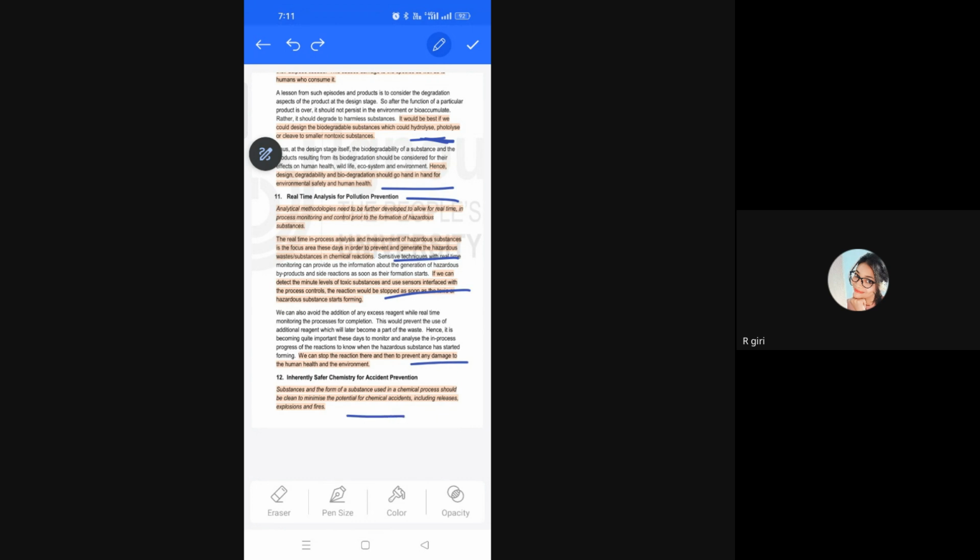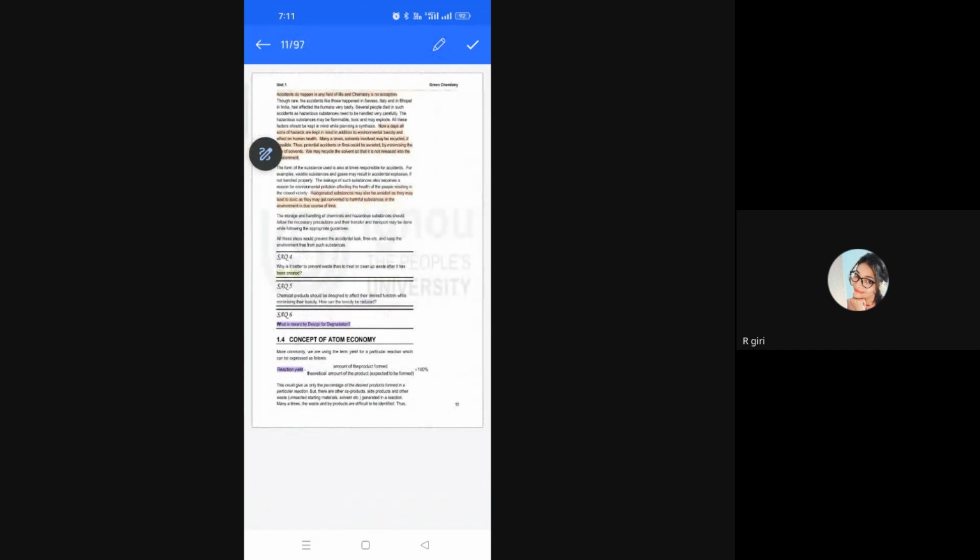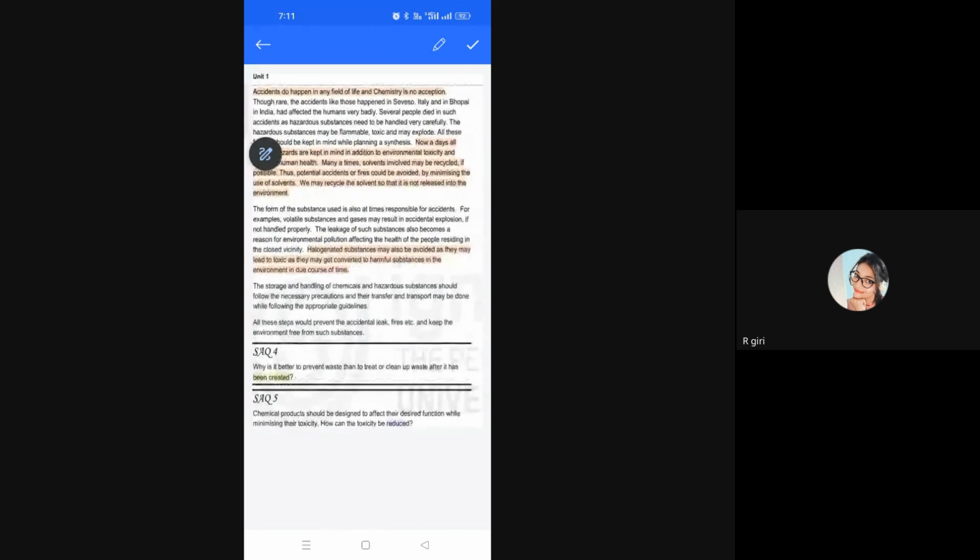Substances and the form of substances used in a chemical process should be chosen to minimize the potential for chemical accidents, including release, explosion, and fires. Accidents can happen in any field of life, and chemistry is no exception.